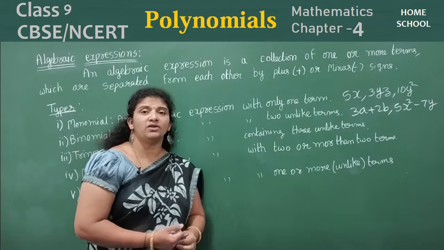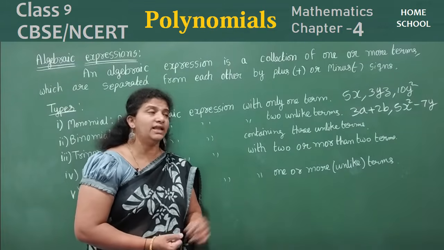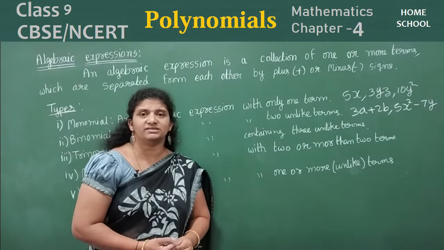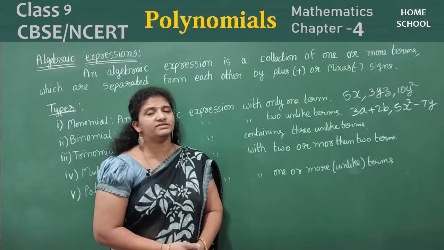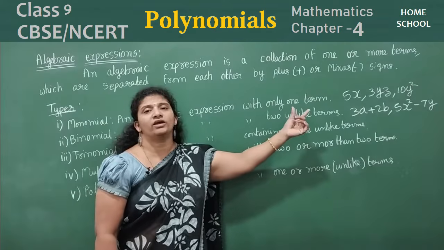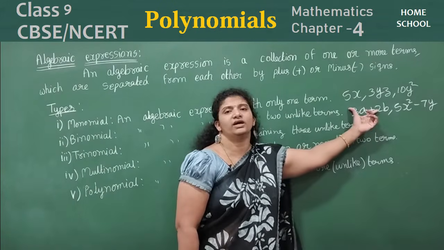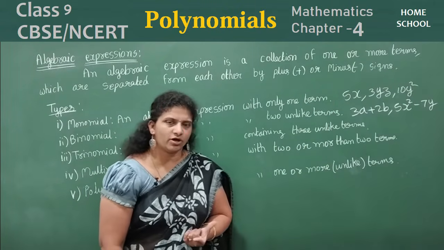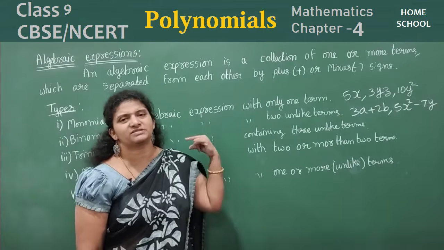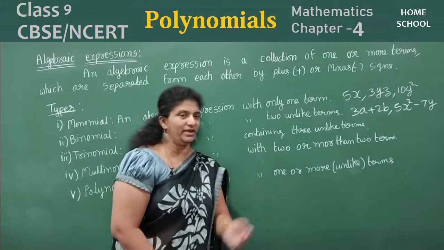And this binomial is also a polynomial in two variables, a polynomial of two terms. If you have two terms separated with a positive or a negative sign, that algebraic expression is also called a binomial or a polynomial.